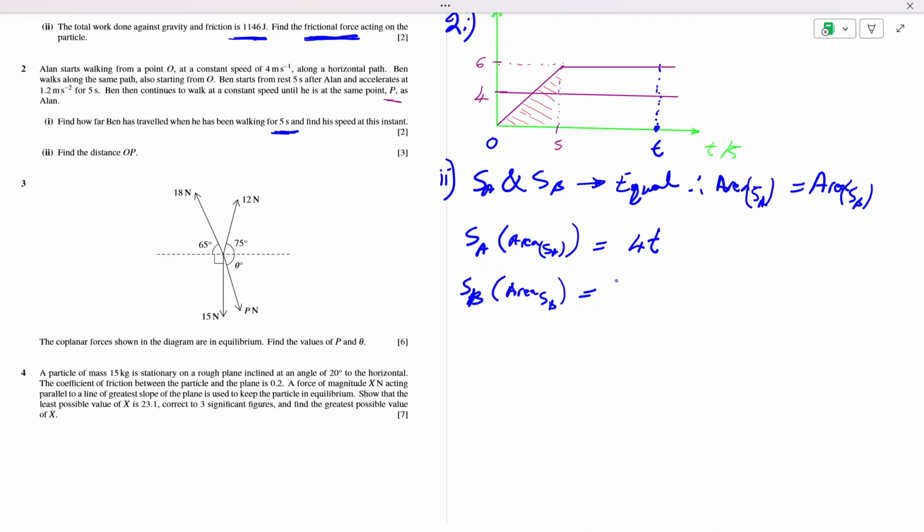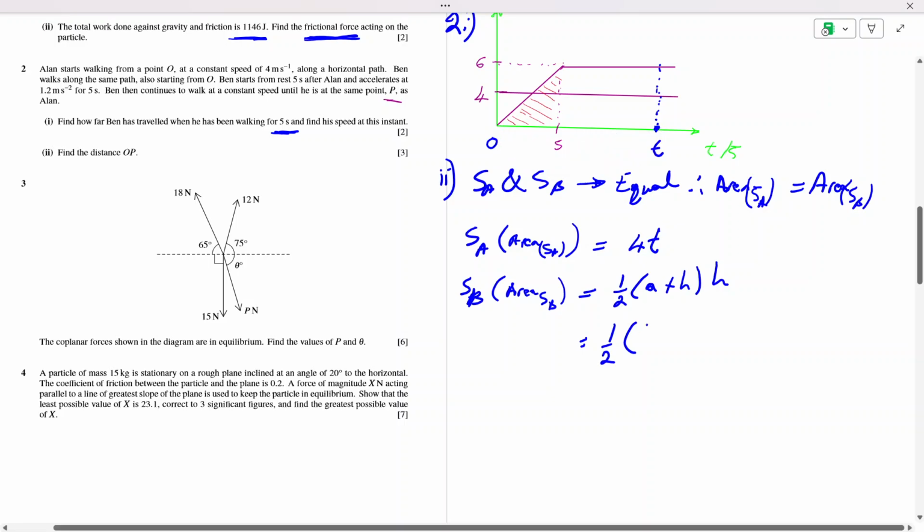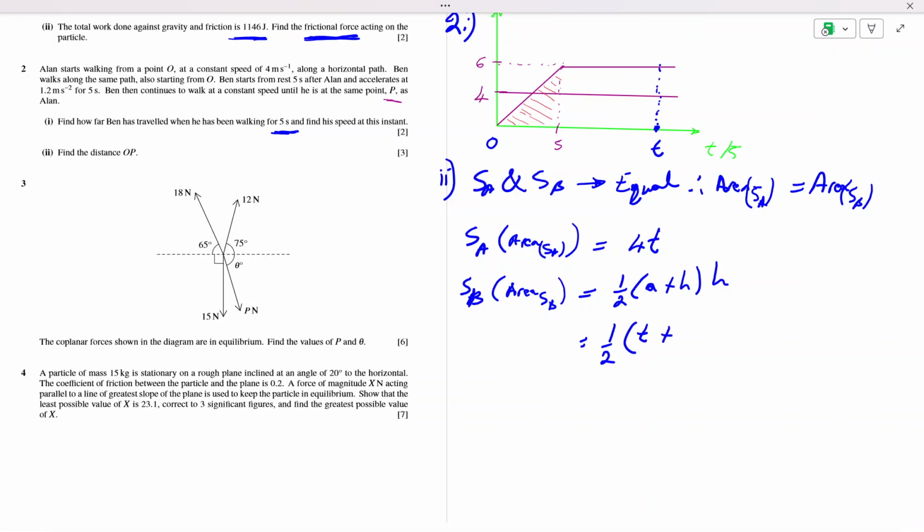So the area of a trapezium is half (A plus B) times H. I'm going to take A as this part, which is just T, and then plus B. This B is going to be this part, which is just T minus 5.